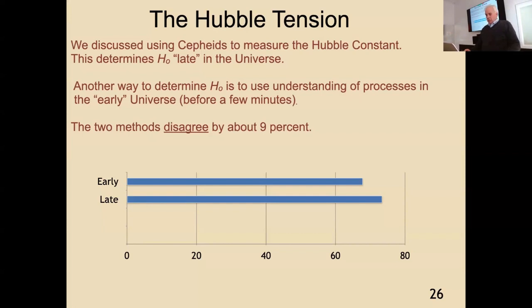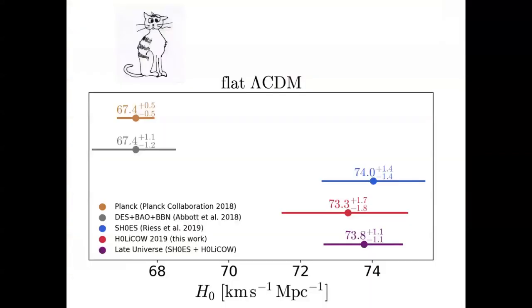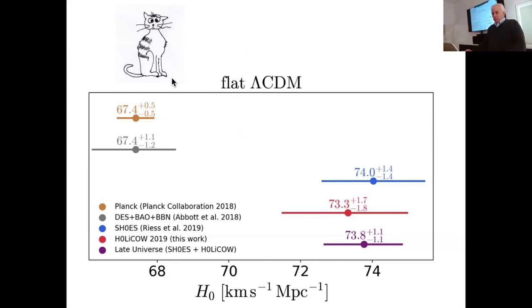It was hoped that JWST would help them to agree, and it didn't. We are still having two, so this is a little bit complicated, if you don't get it, it's okay. But there are two different ways to measure it. The late measurement gets us numbers around 73 in some astronomical unit. I'm going to explain that.